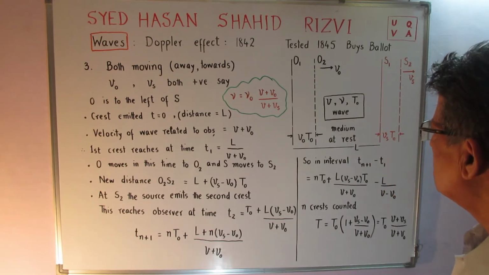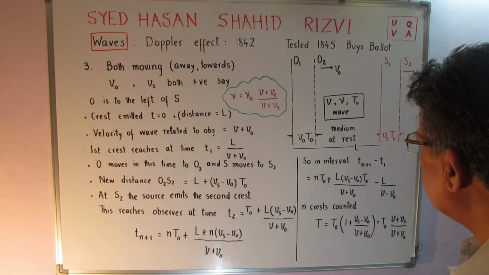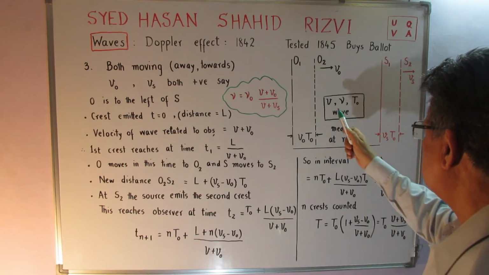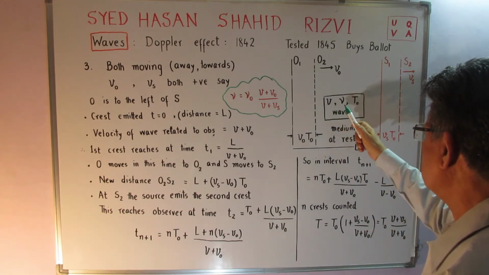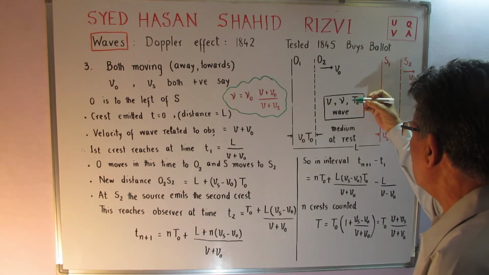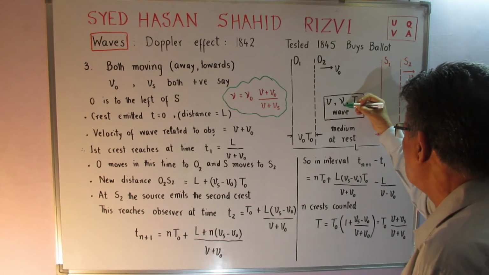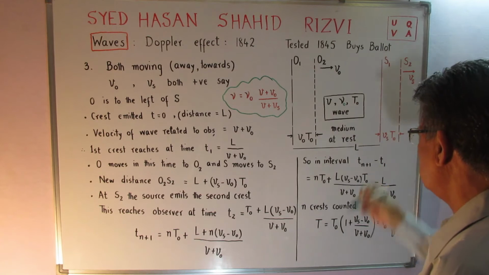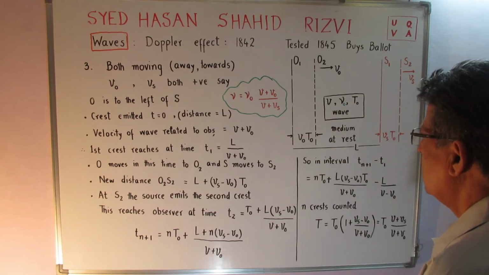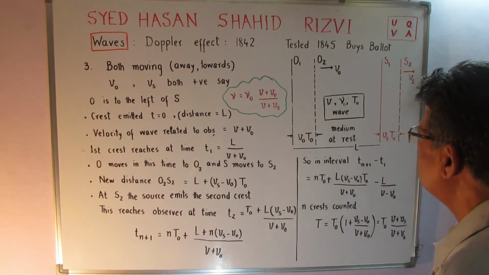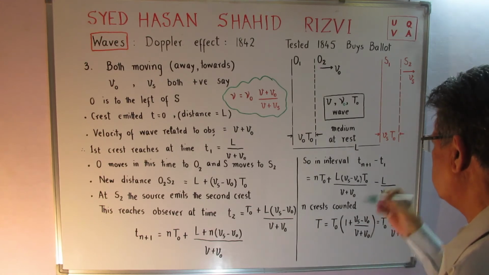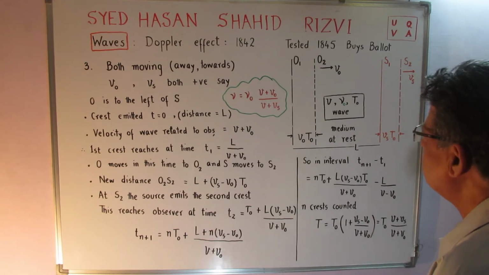After that, the wave has the velocity v, frequency nu naught, and t naught is the time period of the original wave.